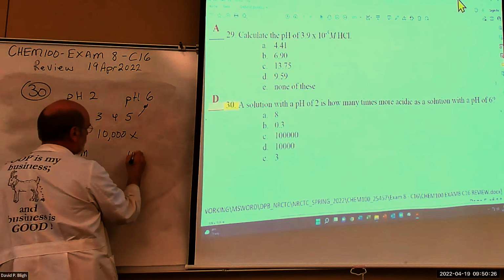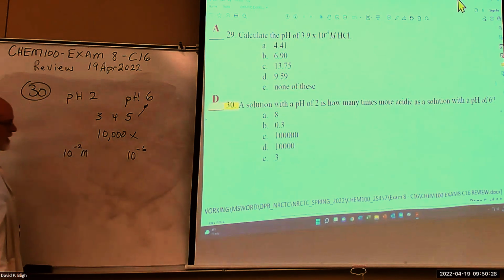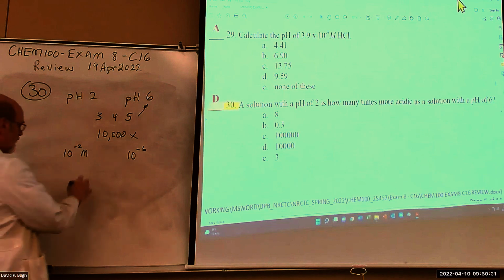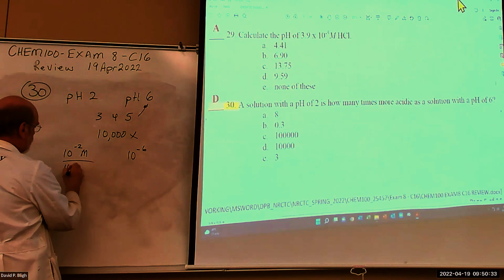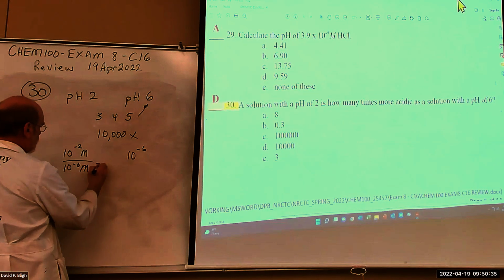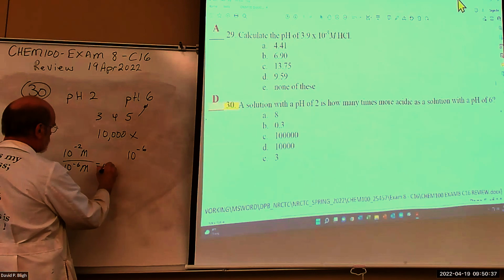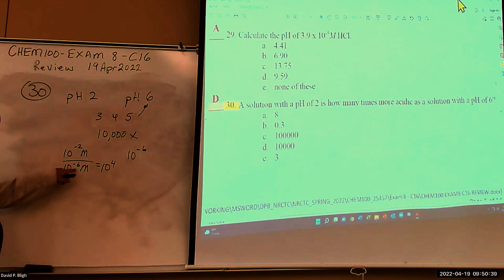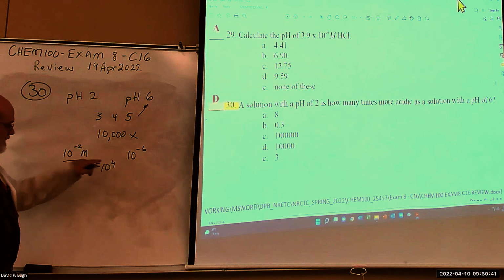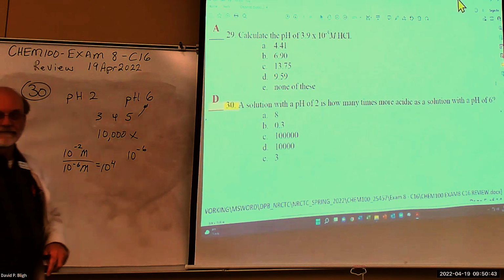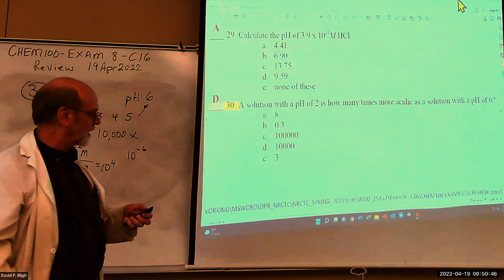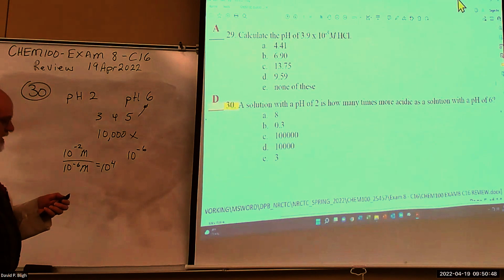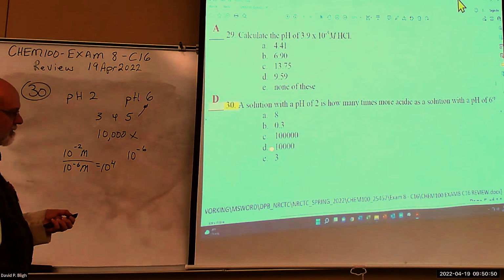What is it here? 10 to the minus 6 molar. So what's the ratio of those two? Well, 10 to the minus 2 divided by 10 to the minus 6 is equal to 10 to the 4th, right? Because that's a positive added to a minus 2. 10 to the 4th is 10,000. Either way works. So the answer is 10,000 times here.